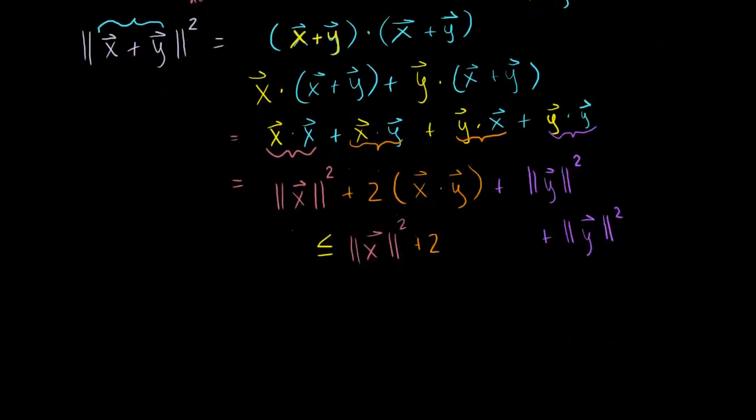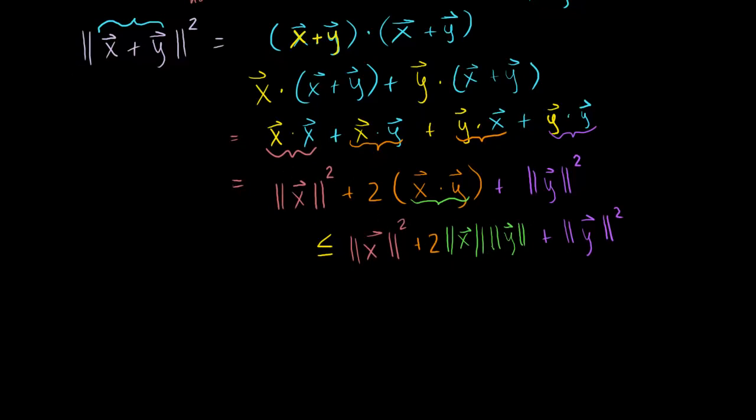So I'm just replacing this with the length of x times the length of y. And since this is the same as that, this whole term has to be less than this whole term.